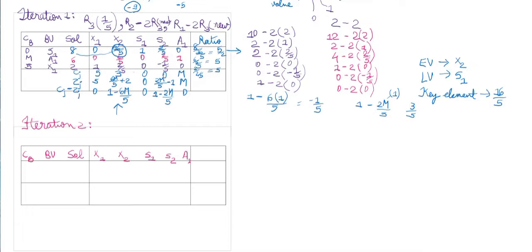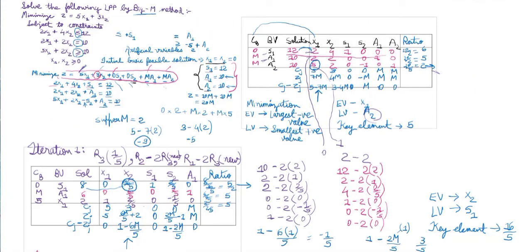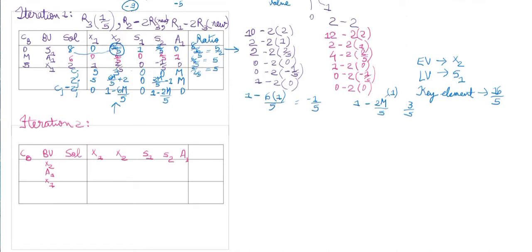Instead of s1 we'll write x2 and the other two variables will remain the same, which is a1 and x1. Now we saw that the coefficient of x2 is 3. Then for a1 it will be m and x1 is 5. And in the solution over here you can write this, which is 5 by 2.